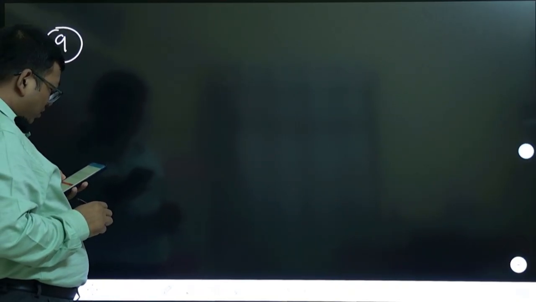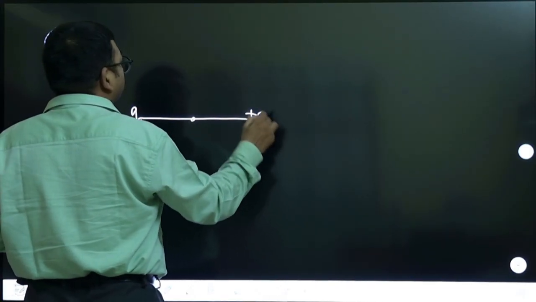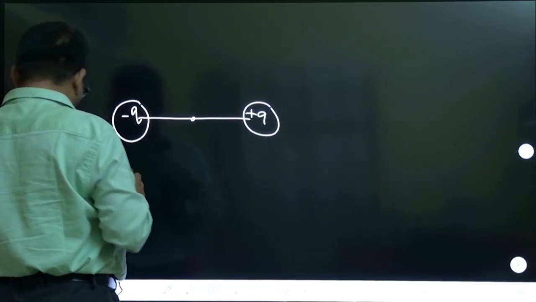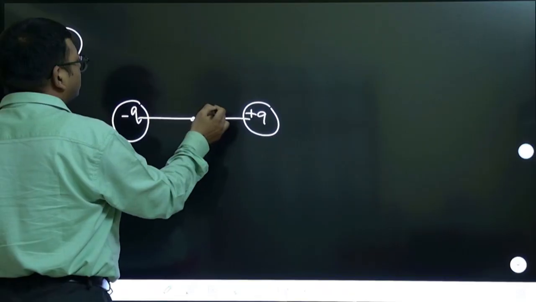Question number 9. If an electric dipole is rotating about its center with a uniform angular velocity. Suppose this is a dipole. This is minus q, this is plus q, right? Anti-clockwise direction.